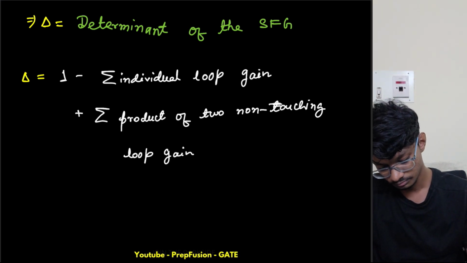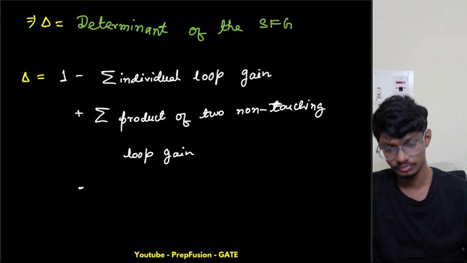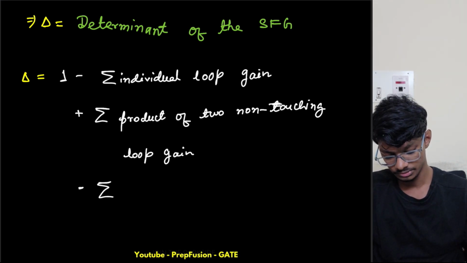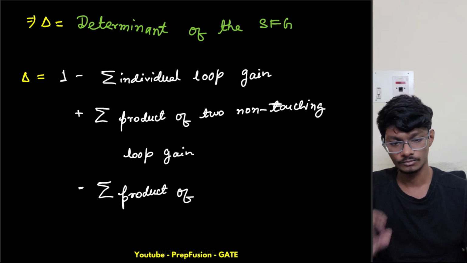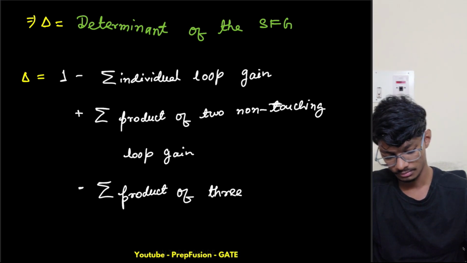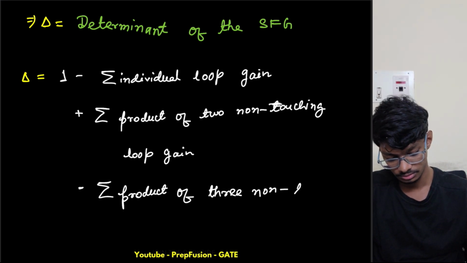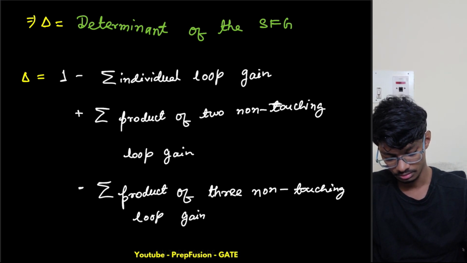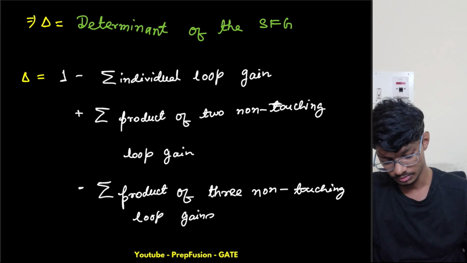Then again we go to minus the summation of the product of three non-touching loop gains, and this will go on with further non-touching loop gains.